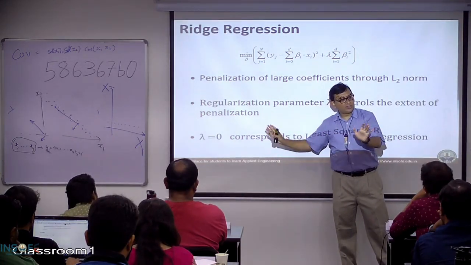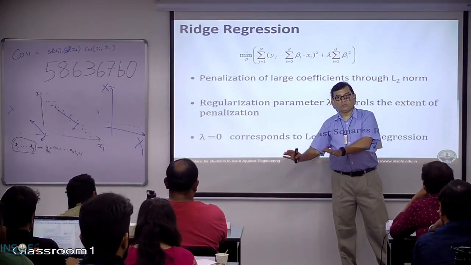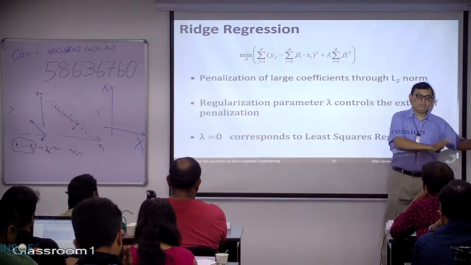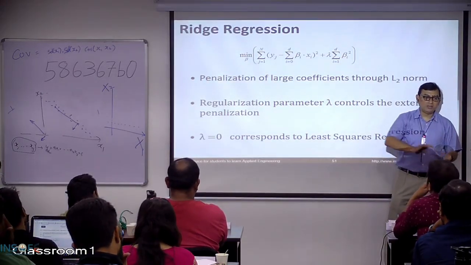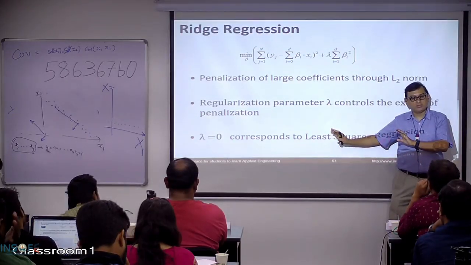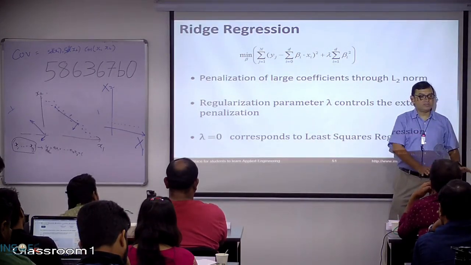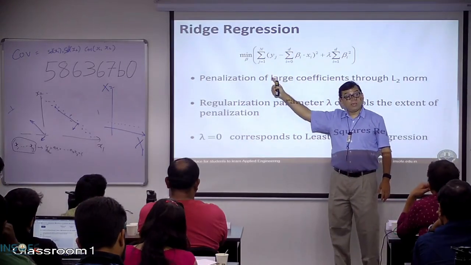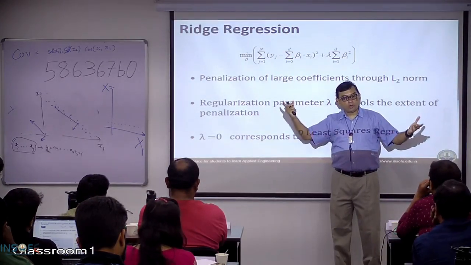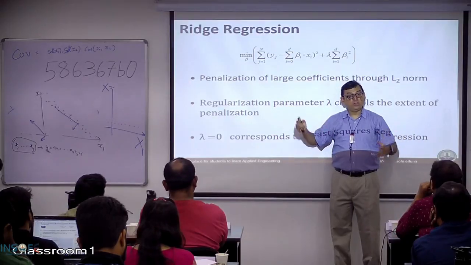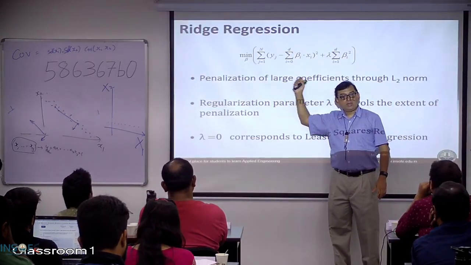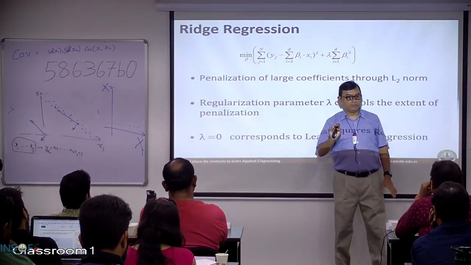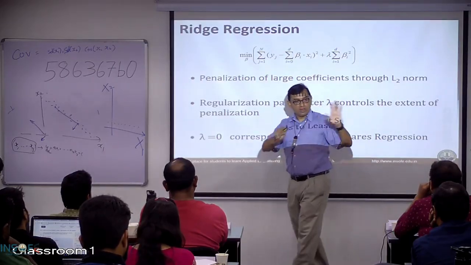You don't mind complexity at all. When lambda is infinity, you worry only about simplicity. You don't care about how well the fit is. So it allows you to pick which one is more important for you. Relative importance of the two terms. That's a parameter that one needs to choose. How do we choose it? We'll come there in the next steps.